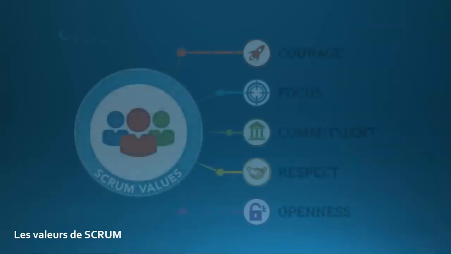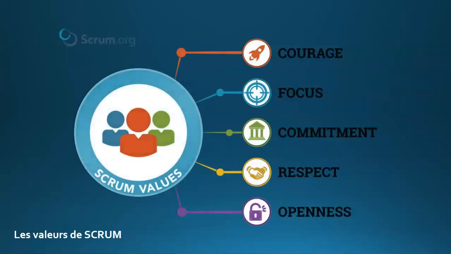We will then continue on the values of Scrum. There is courage, focus, commitment, respect, and openness. We are going to start with courage, which is about trying to think outside the box, trying to do things differently.